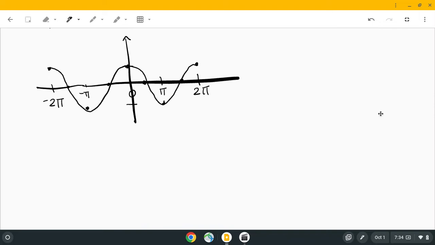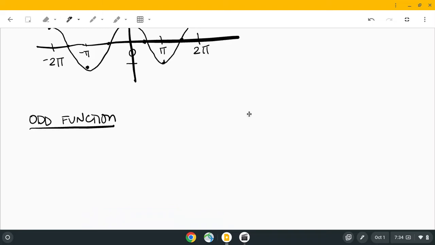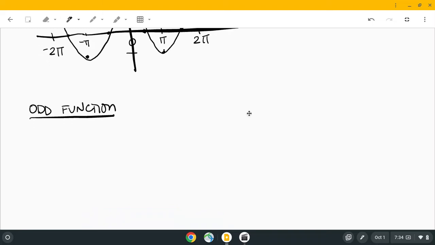All right, so odd functions. Okay, so for an odd function, f of negative x equals negative, the opposite of, f of x.